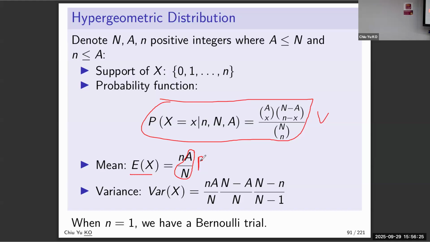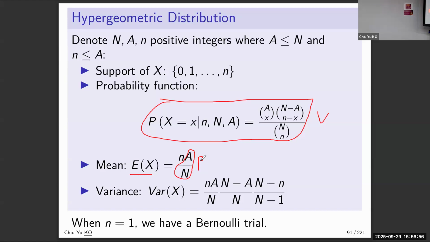If you draw one item, the probability that it belongs to the good items is A over N. But it turns out this also holds true if you draw n different objects: it's just n times p. Of course, it's a coincidence, but it doesn't matter whether we draw without replacement or with replacement. The expected number of successes is still the same.